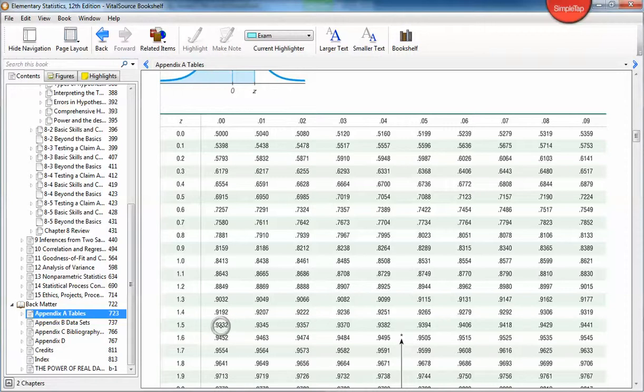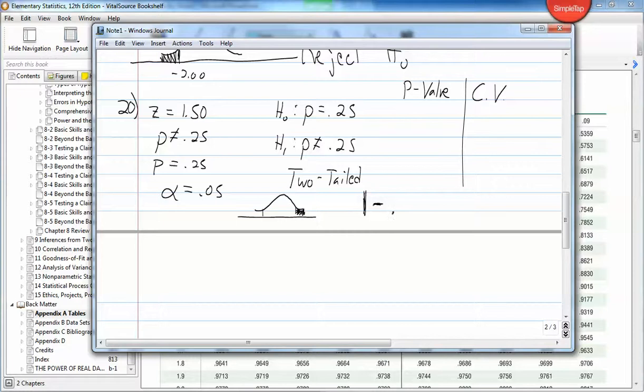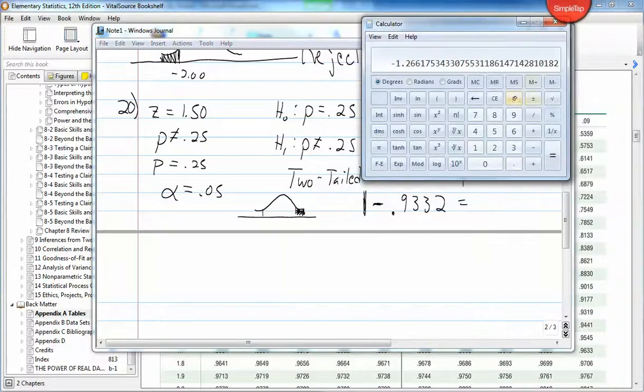Remember, the area is cumulative. That's why it gives me this big decimal so close to 1: 0.9332. So it's 1 minus 0.9332, which gives me the area for this little region here: 0.0668.